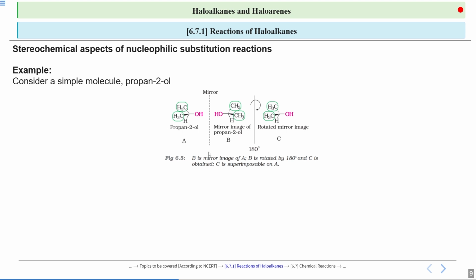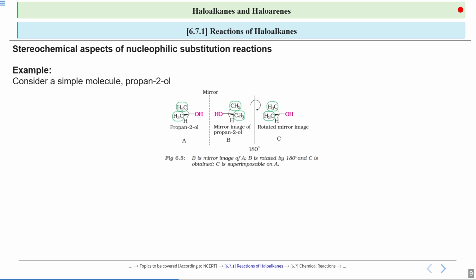Now you put a mirror and draw the mirror image of this propan-2-ol. You will get this kind of structure, which is structure B. This is the mirror image of propan-2-ol, where OH is here, the carbon is here, and the hydrogen and two methyl groups are attached to it.